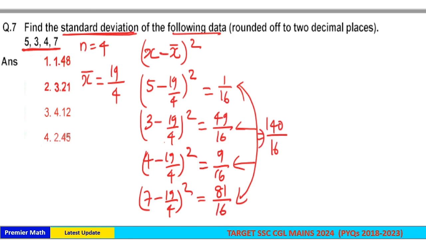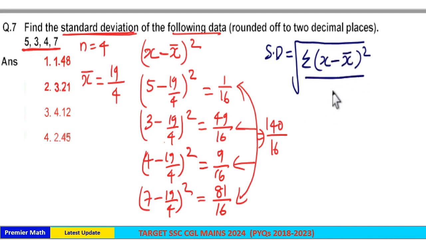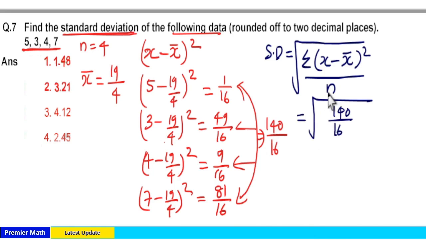So, the standard deviation formula is equal to the square root of the sum of squares of differences between each given sample and the mean, divided by the total number of samples. Now this is equal to the square root of 140 by 16 divided by n, which is 4.